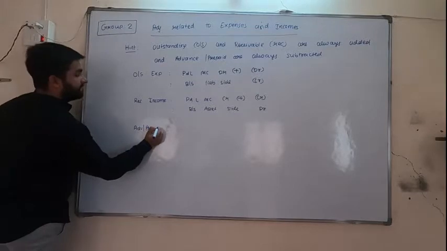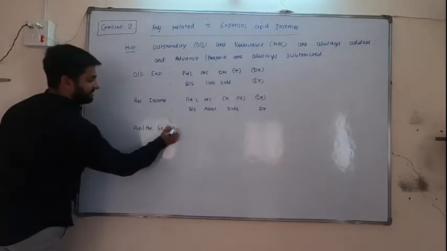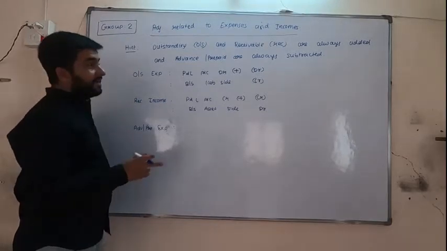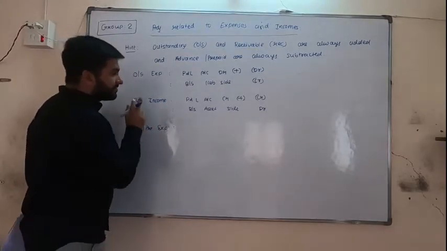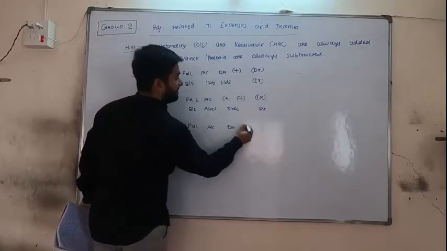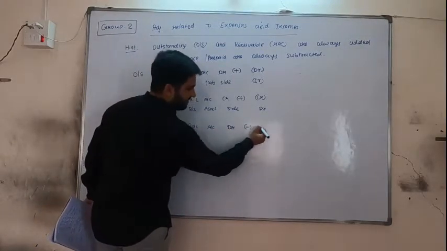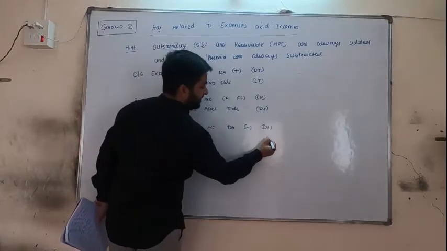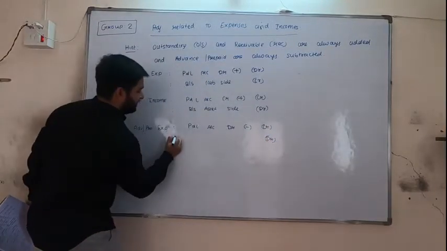Advance or prepaid expense. Now, as the expenses are on the debit side, but as it is advance or prepaid, it will be subtracted. So P&L account, debit side minus. Now, if we are subtracting on the debit side, it is a credit effect. If one is credit, then the other is debit. Debit means asset side.